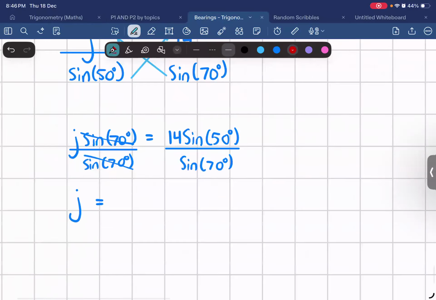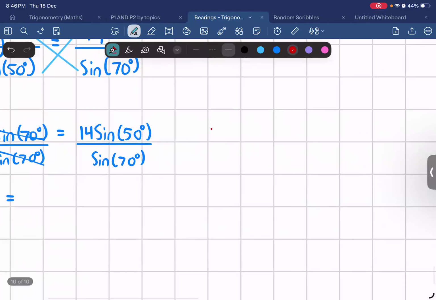Now, if you have a Sharp calculator, this is how you'll have to plug it in. You'll have to start with an open bracket, 14, sine, open bracket, 50, close bracket, close bracket again. Do you understand that we just plugged in the numerator?